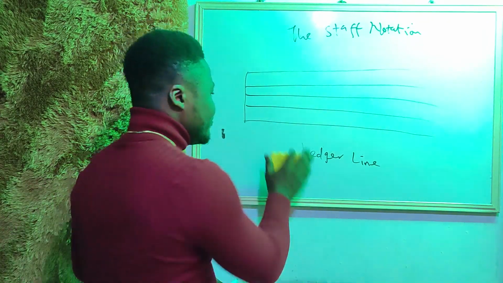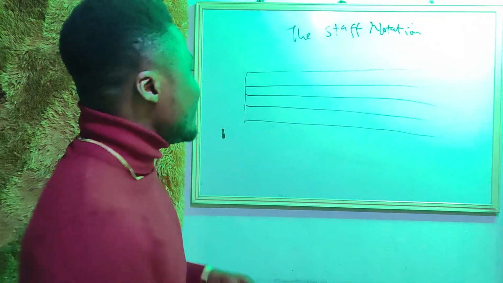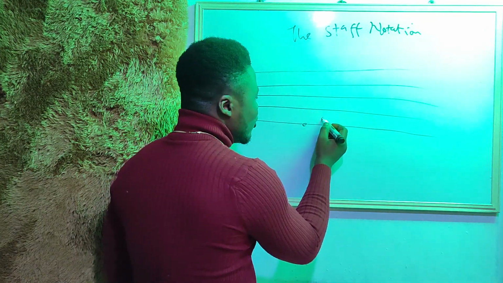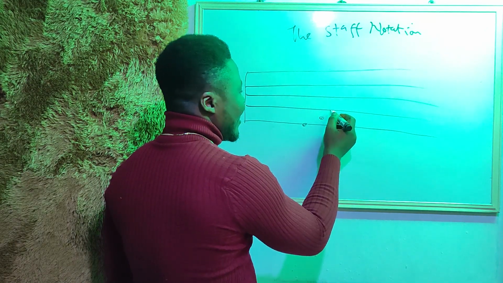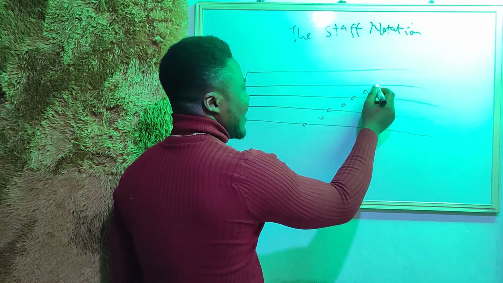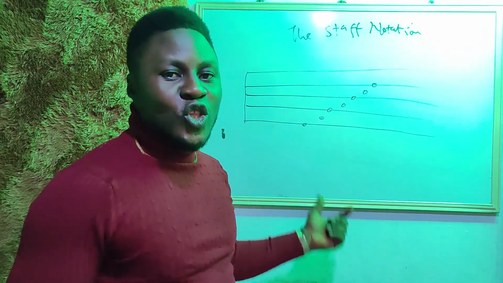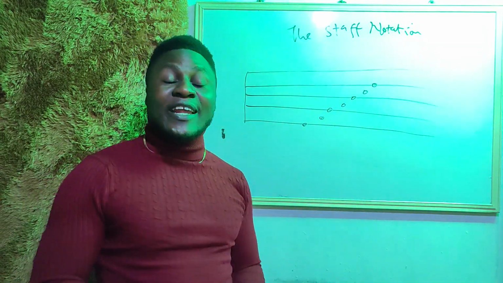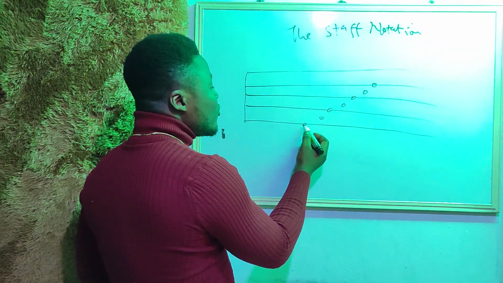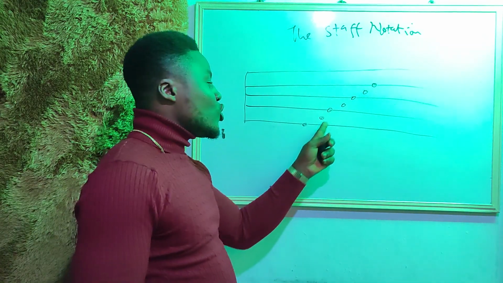For example, we have a note here, we have another note here, another here, another here, another here, another here, another here. If you study this, you notice that they follow a particular pattern, which means when the note moves away from the line, it goes to the space.